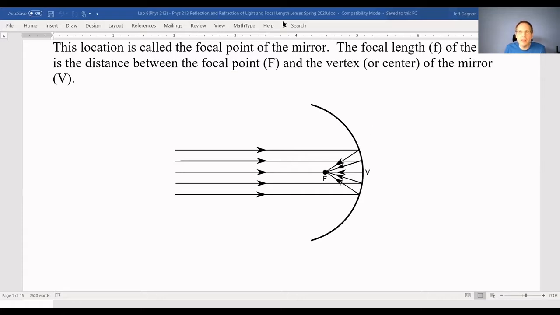So actually, let me see if I can do that with annotation here. Yeah, this should work. So something like maybe that for the first one. Let me move it in a little bit. So it's a tangent line just to that point right there.